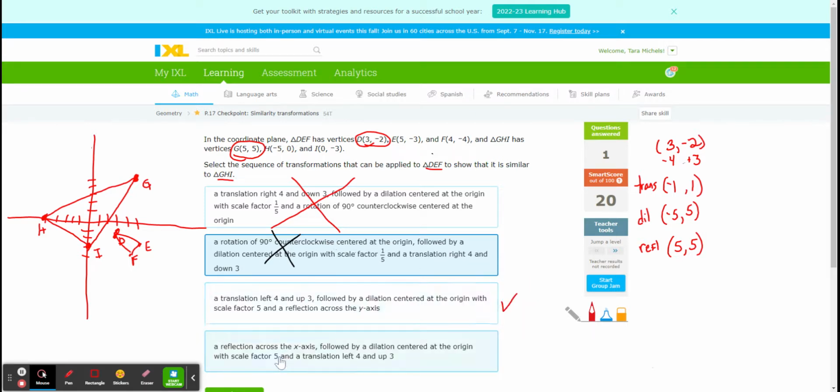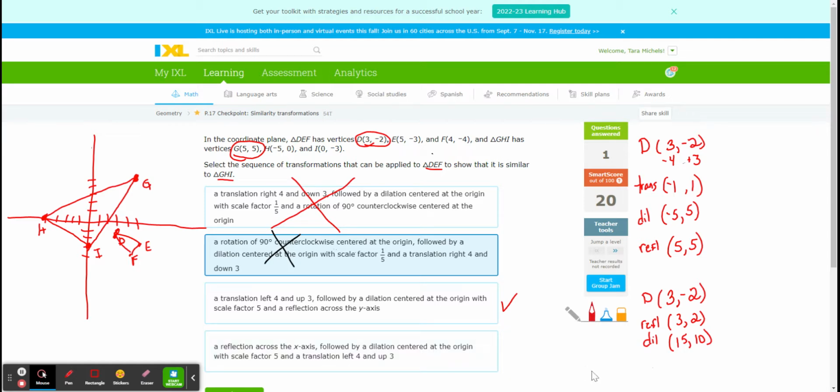But just to make sure, I'm going to try the second one. So I start at 3, -2. That was my D. That's point D. Let's try these transformations. A reflection across the x-axis. So if I reflect it across the x-axis, remember that changes the sign of the y value. So it becomes 3, +2. Followed by a dilation. My dilation, again, scale factor of 5 means multiply by 5. 3 times 5 is 15. 2 times 5 is 10.